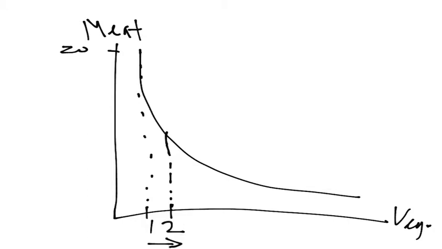How much meat will you be willing to sacrifice? That's the question we want to answer. You'll be willing to sacrifice so much meat to increase your consumption of veggie by 1. You sacrifice 10 meat for 1 veggie.